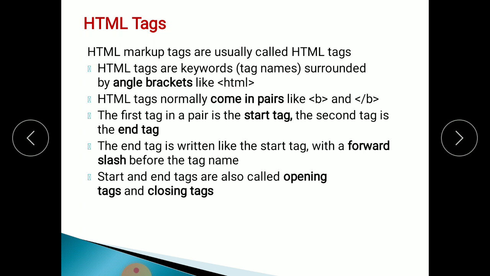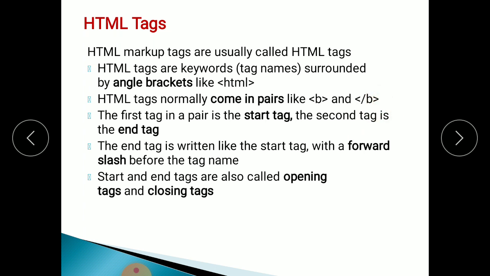So B is for bold, so use the angle brackets and B, and this B tag is closed using /B. Each tag comes in a pair, one is the opening tag and one is the closing tag. So B is open, then within it whatever message you want to write you can type here, then at the end use the angle brackets and / to close that tag. Okay, this is the B opening tag, then the closing of the bold tag.